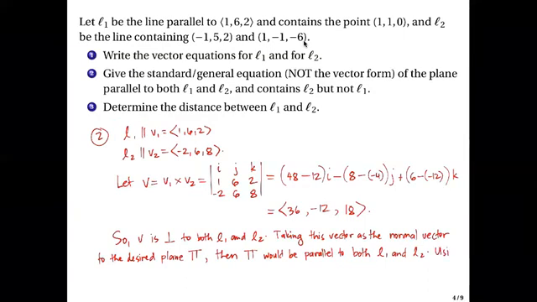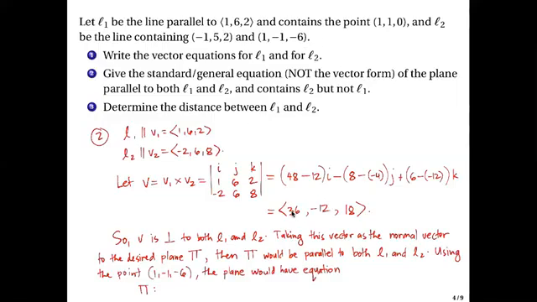So using the point (1, -1, -6), the plane pi would have equation, how do we write this?